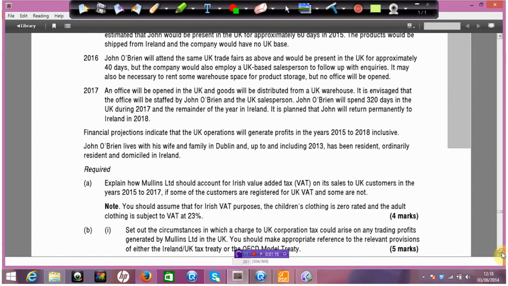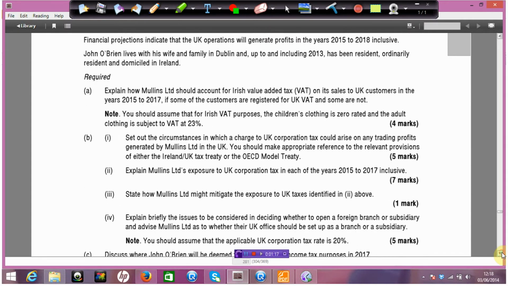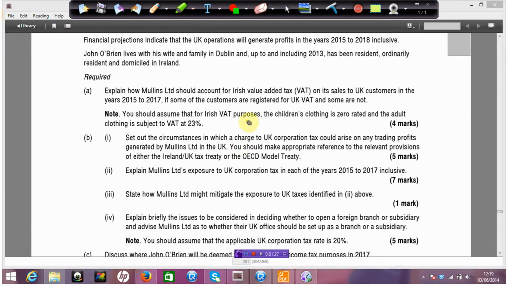First part deals with VAT. So it's really B here. If you could have a look at the scenario perhaps before you read this or view this screencast. And the key points in the scenario here, within the requirements, are really the circumstances in which Mullins Ltd would be subject to tax in the UK.